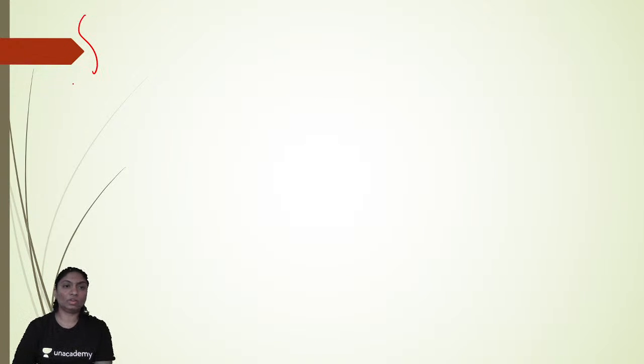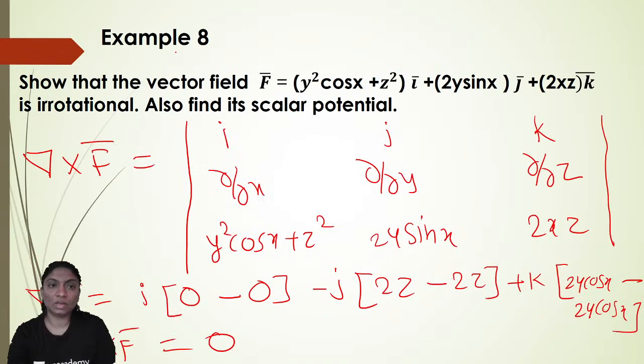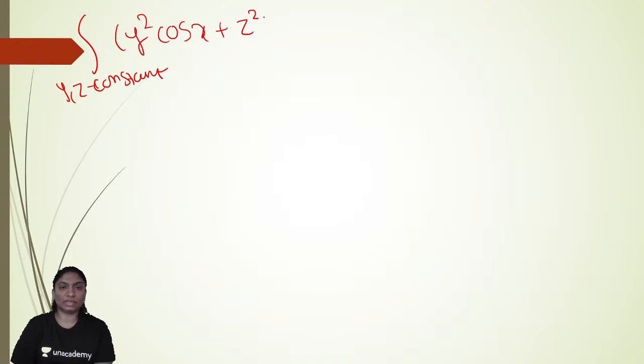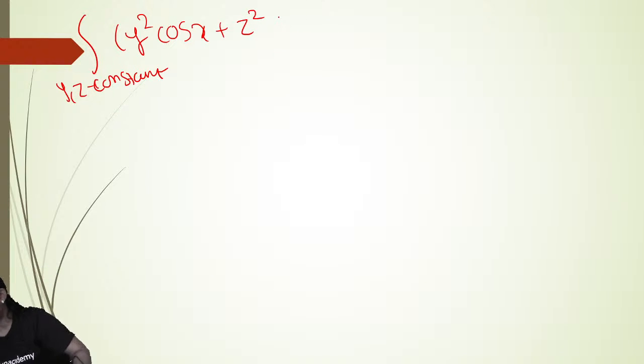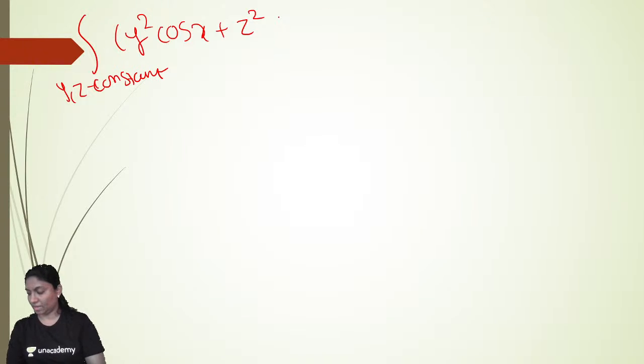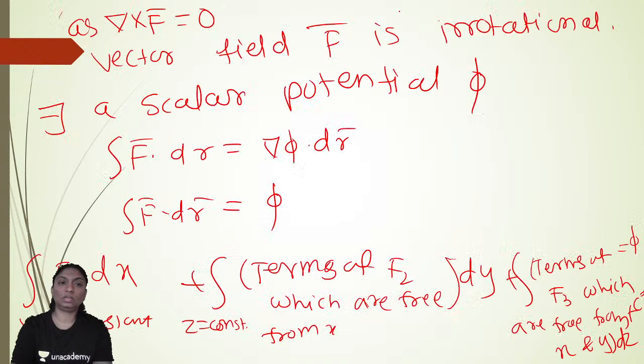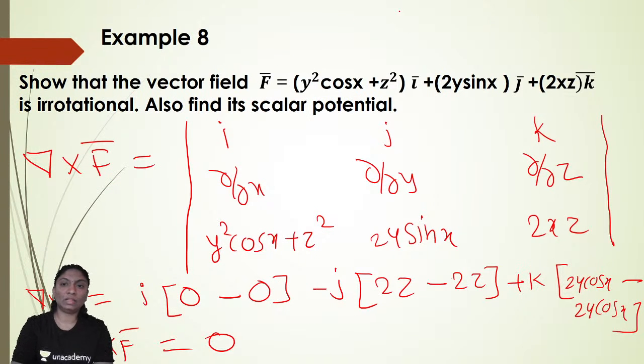Applying the same way, here we can write the integral of the terms of f1, where f1 is y square cos x plus z square, dx, keeping y and z constant, plus the terms of f2 which are free from x.